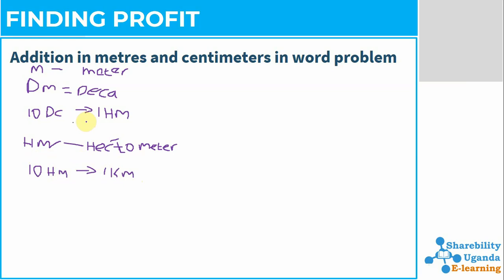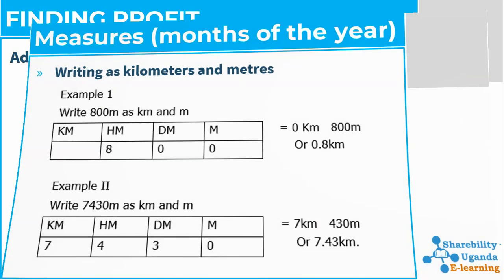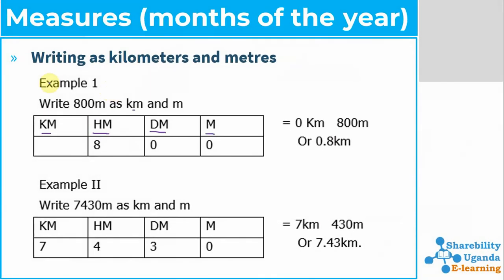So we should also be able to have them in our mind as we solve numbers of such a kind. Here we shall look at our example. We have been given 800 meters. Write 800 meters as a kilometer and a meter.